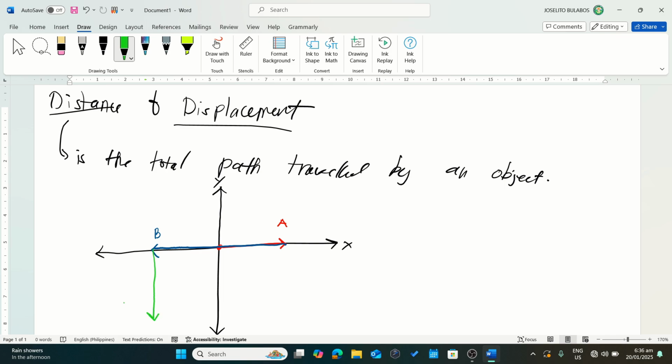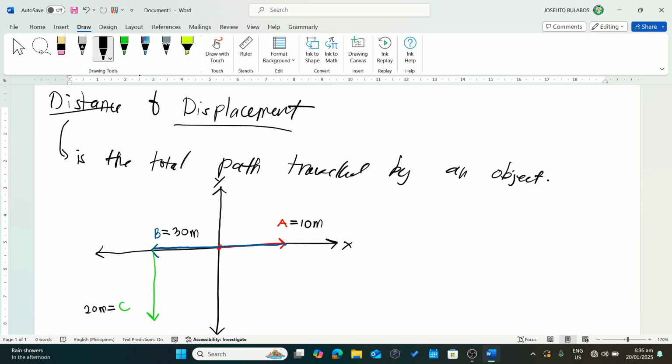Let's say this is C. We're going to assign some values here. Let's say this is 10 meters. Then suppose this is 30 meters, and then this is 20 meters.